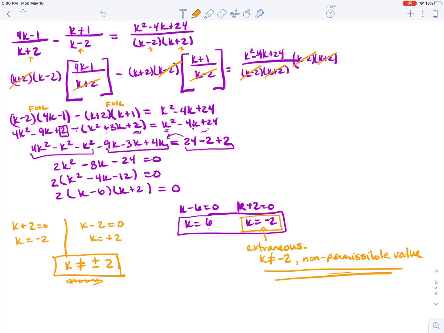So now I'm going to do my check for k equals 6. Is that a viable solution? So 4 times 6 minus 1 over 6 plus 2 minus 6 plus 1 over 6 minus 2 equals 6 squared minus 4 times 6 plus 24 over 6 minus 2, 6 plus 2.